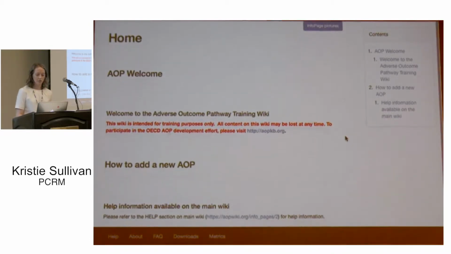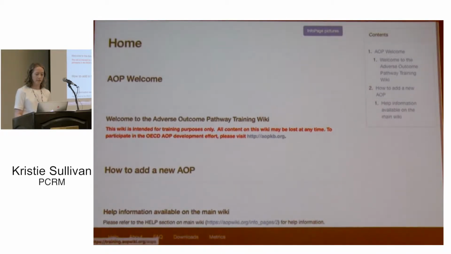So the first thing that I want to point out is that, as Kate mentioned, one of the really seminal aspects of the AOP project is to create a network of AOPs. And implicit in that is that we all throughout the world have toxicity information.